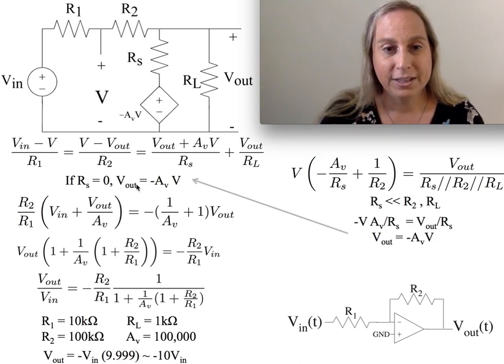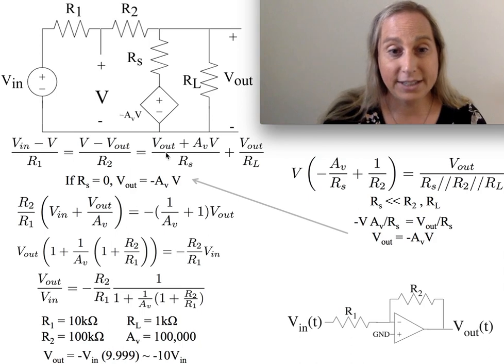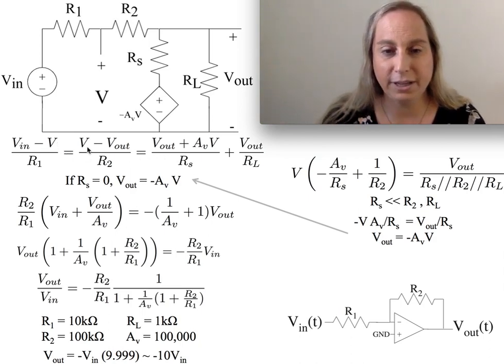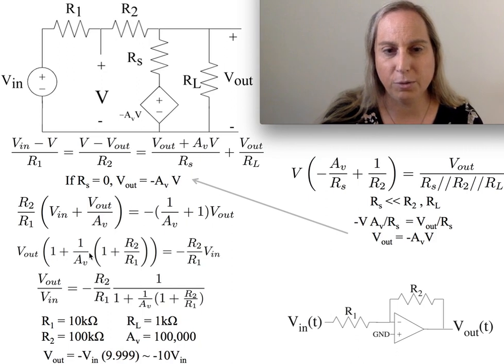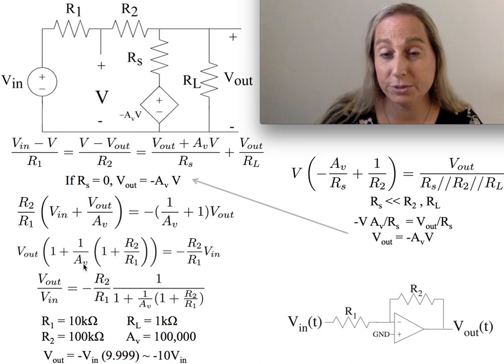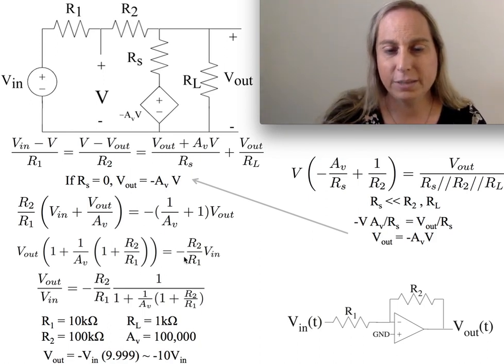Okay, so if this is the case, then that does reduce this part of the equation significantly. I still have this structure, but then I can substitute in for V terms that give me a V out term. That's what gives me this expression, which I can collect terms on, and I get V out times 1 plus 1 over A sub V, where A sub V means a voltage gain, equal to this resistance ratio of R2 over R1.